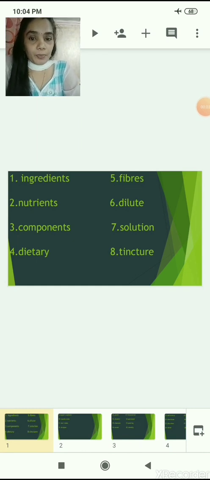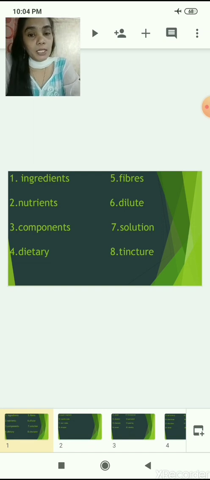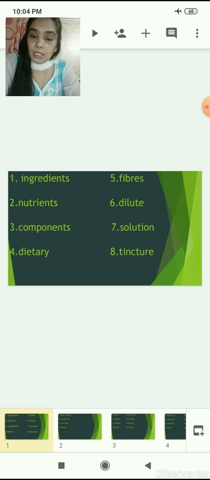Ready children? Yes, now we will start with the new words. These are the new words we are going to learn today. You should be familiar with these words. Whenever you get the book, you should be able to read and understand these words.